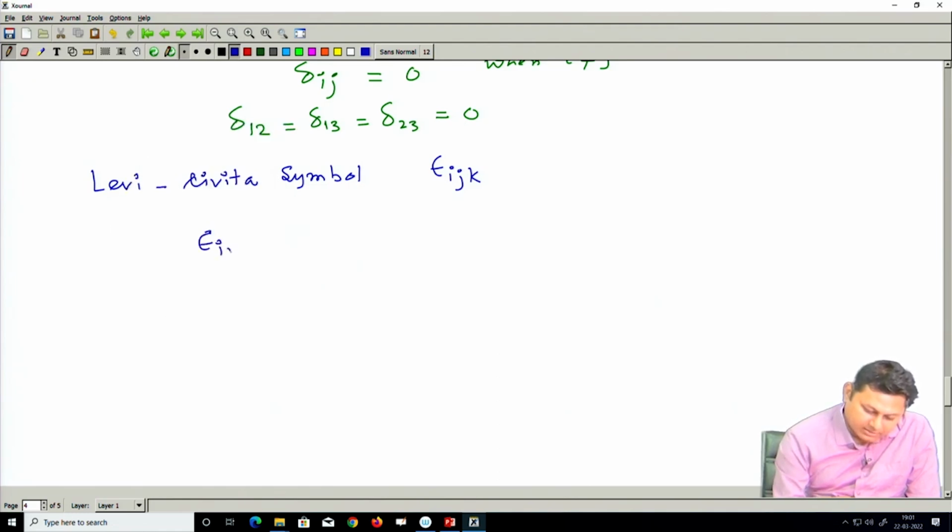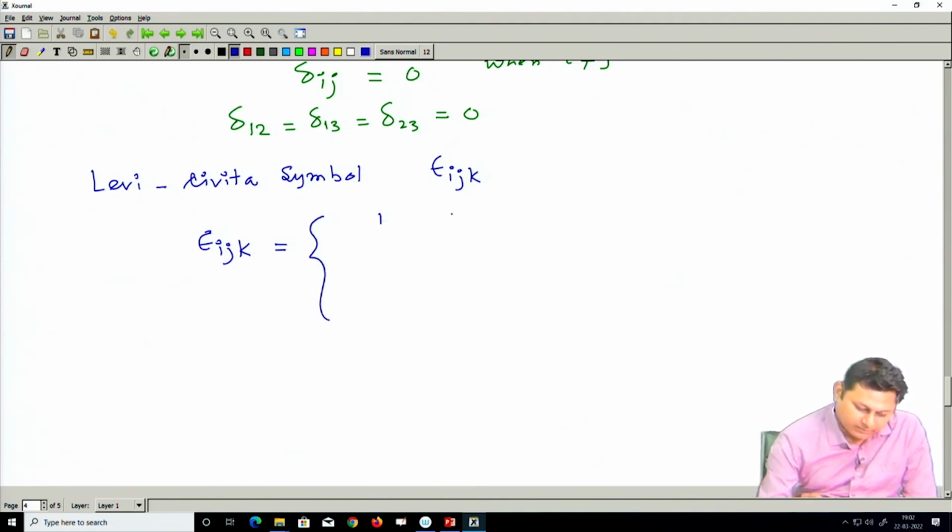What are the properties? Epsilon_ijk should be equal to 1 when i, j, k, which can take values like 1, 2, 3 or x, y, z, are in a certain order.